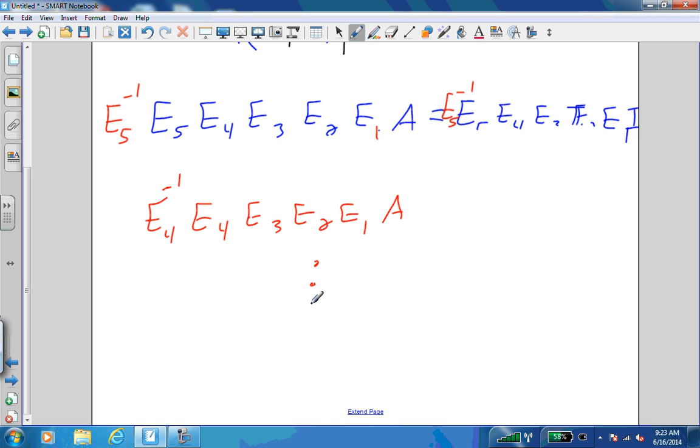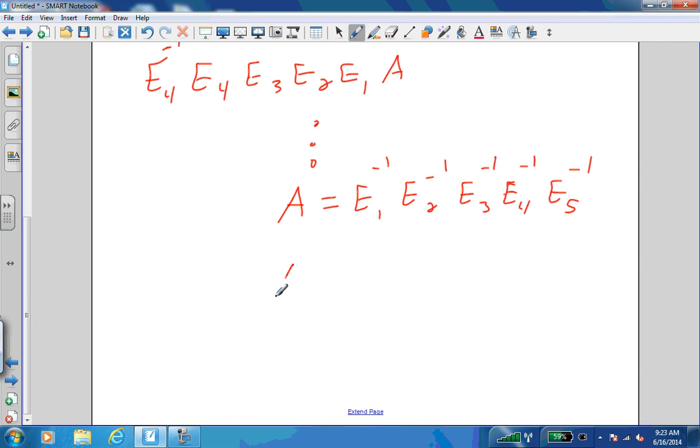And long story short, I won't show you the whole proof. It turns out that our matrix A comes from multiplying by the inverse of each elementary matrix, like such.